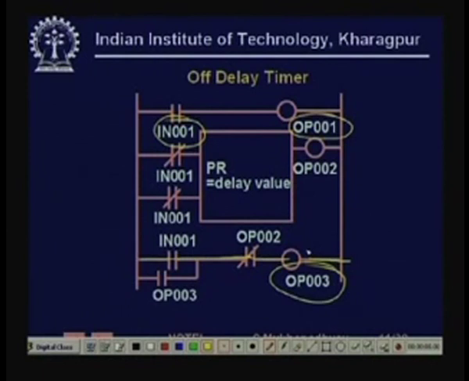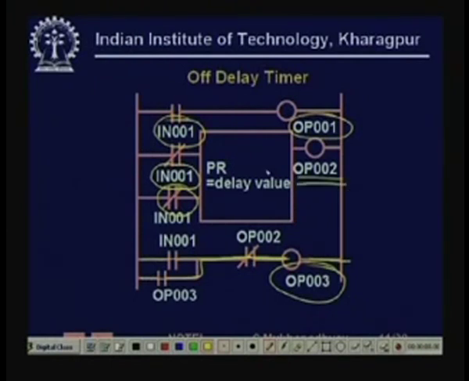Now, when OP003 goes on, we can use this one, so it latches. Now, imagine that IN001 goes off. When it goes off, OP001 goes off, and now these are NC contacts. All the time when this was on, this OP002 was held to 0.